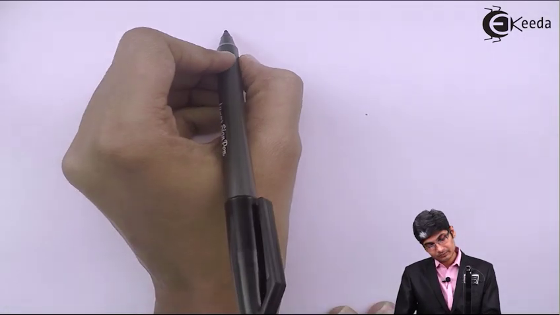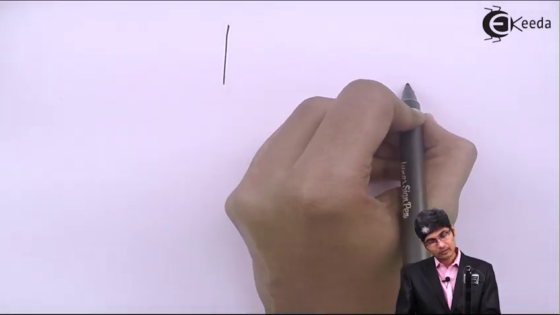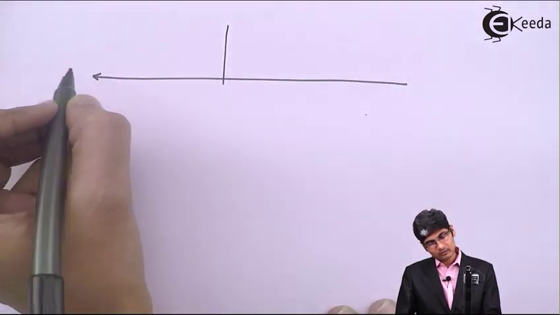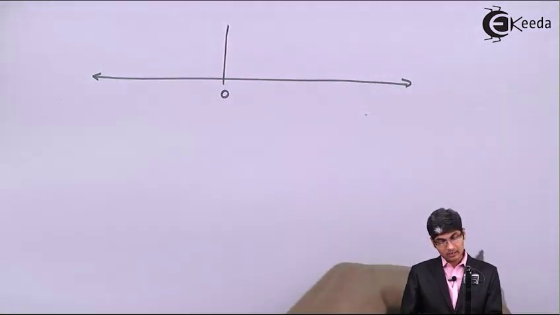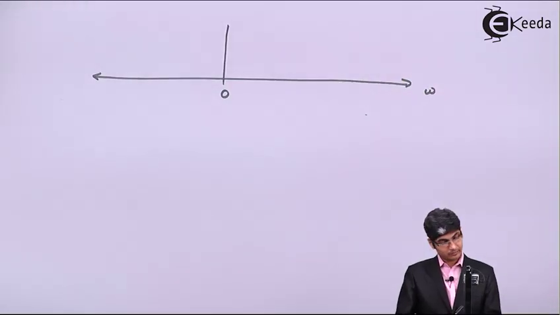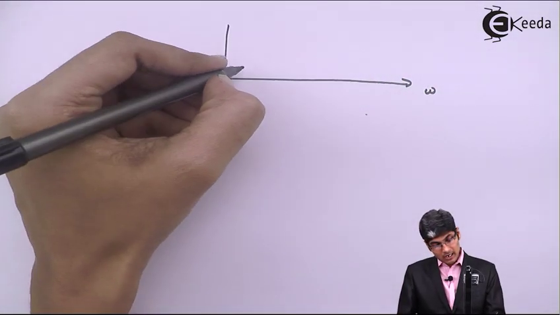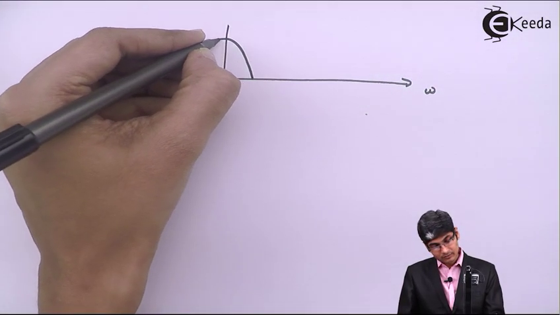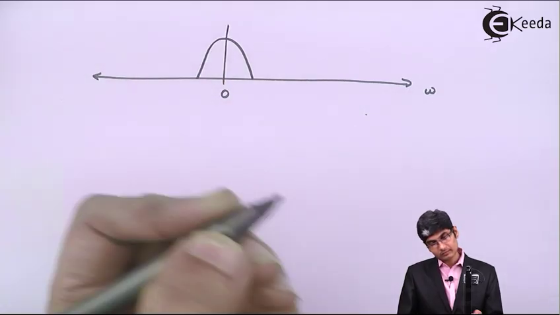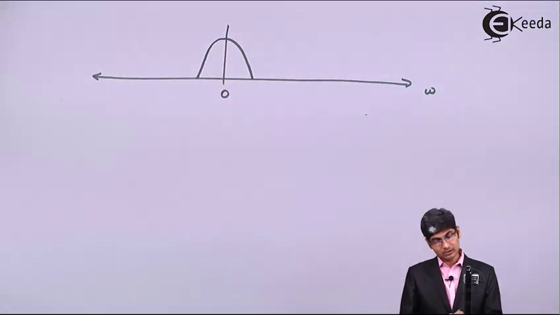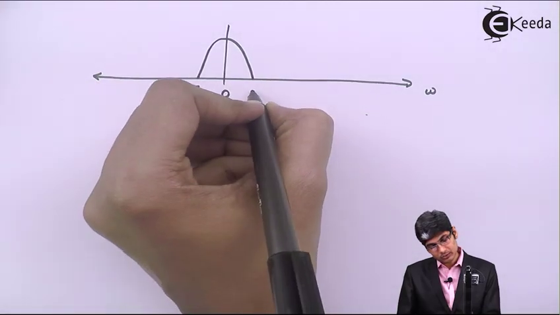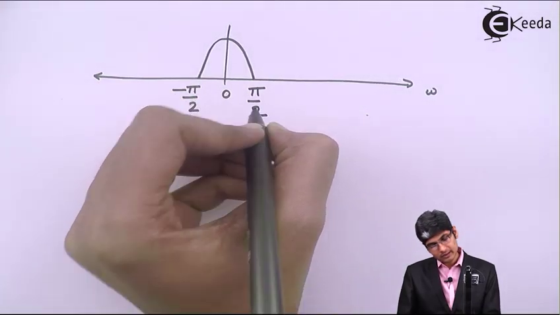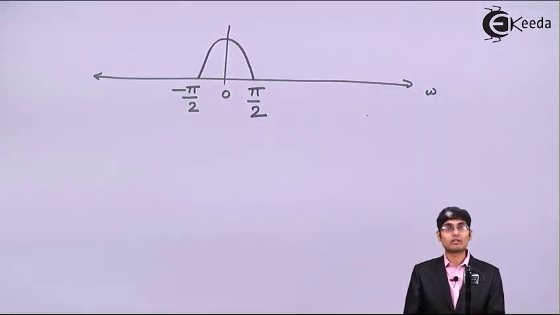How do they look? Suppose this is my omega scale, and I have the prototype transfer function going from minus pi by 2 to, let's say, pi by 2.